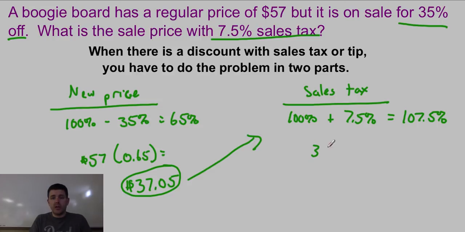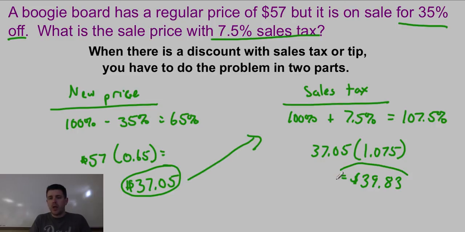So we take our new price, $37.05, times 1.075, make sure that zero's in there, and that's going to give us our new price with the sales tax. So again, this one gave us a big, long, ugly decimal, so we had to do a little rounding. So this would round off to $39.83. That next digit was an 8, so it rounded the 2 up to a 3. That is our final price.